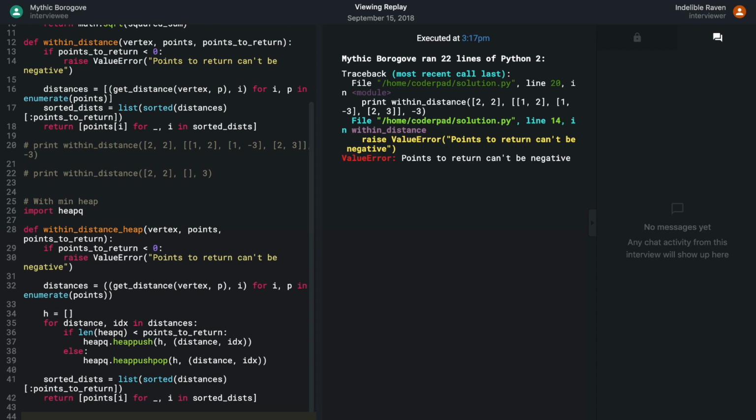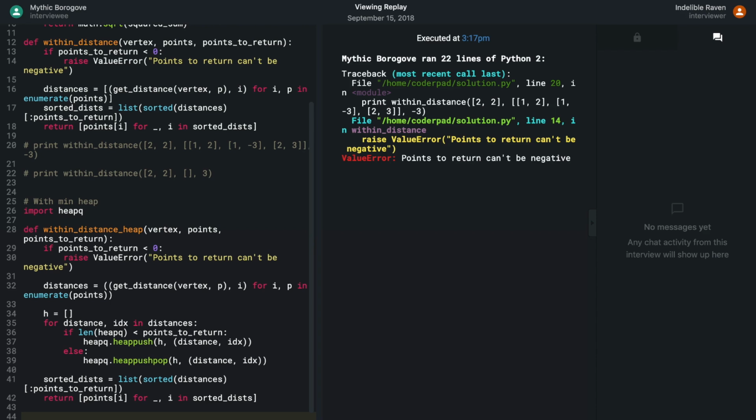The part where we compute distances, like the get distance on line 16, is massively parallelizable, obviously parallelizable. So we do something like MapReduce, right?